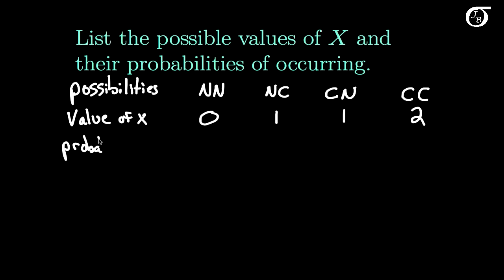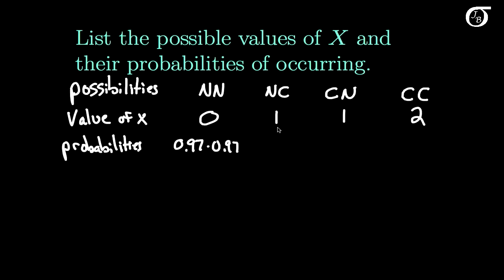So if we calculated the probabilities of these things happening, if we are sampling randomly and independently, and the probability that a person is under correctional supervision is 3%, the probability they're not is 97%. And if they're randomly and independently, we can simply multiply those probabilities together here. So the probability of getting N and then N is 0.97 times 0.97.